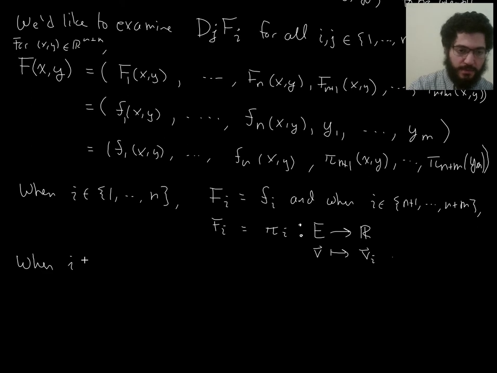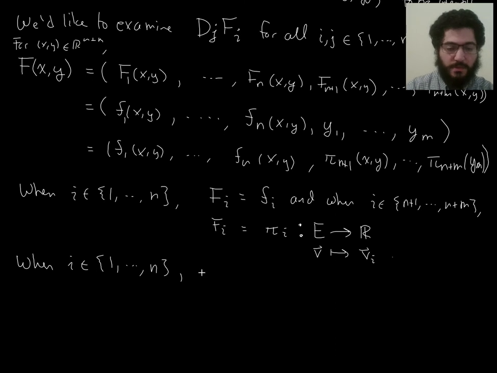So when I is in the range 1 through n, and j is anything, so j is any integer 1 up to n plus m. So j represents which variable we are taking a partial derivative with respect to.